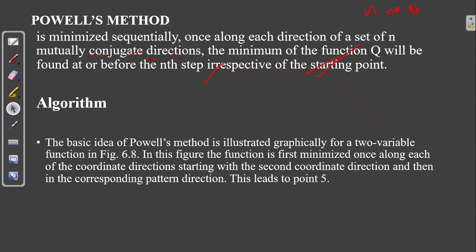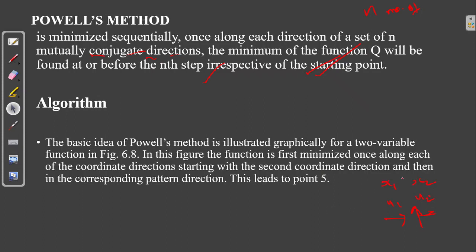Here x1 and x2 are the coordinate directions, that is u1 and u2. Let us say u1 is the unit vector parallel to x1, and u2 is the unit vector parallel to x2. So in Powell's method we will search first in these two directions, u1 and u2, and here we are starting with the second coordinate direction, that is u2.